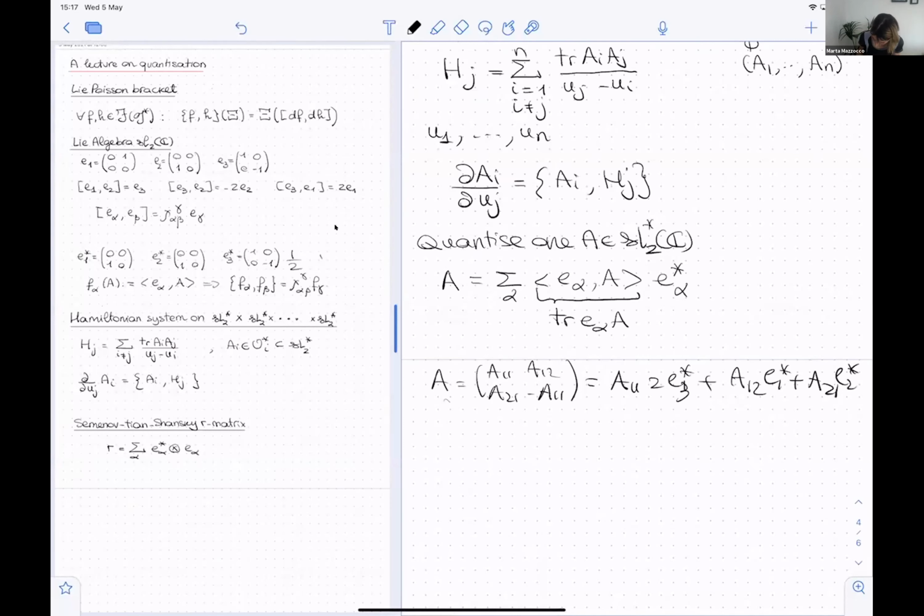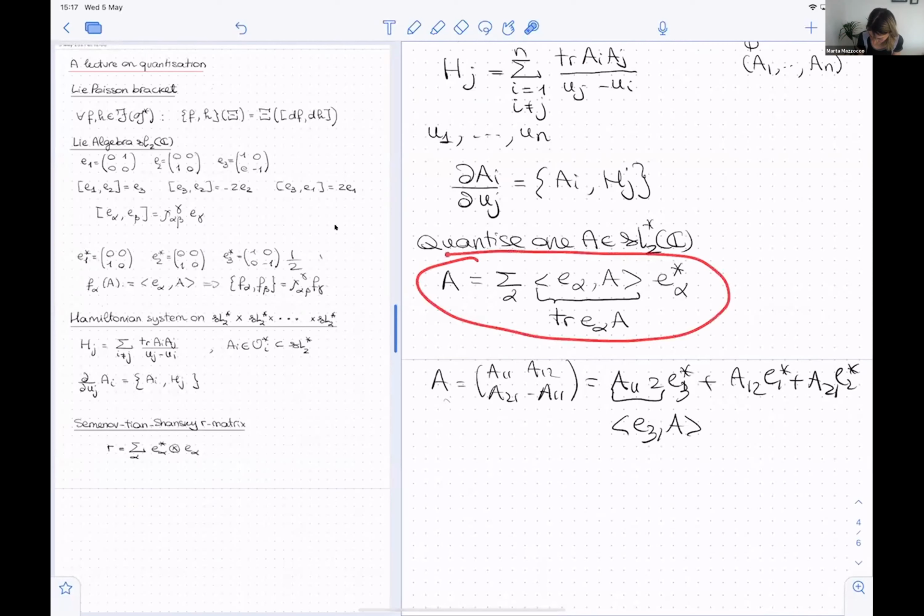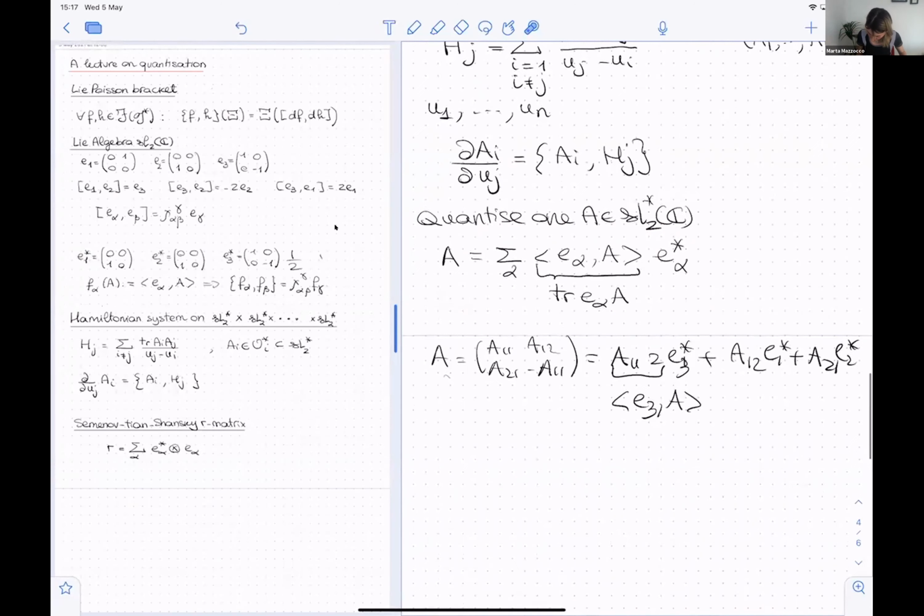And this is just E_3 A. Nothing really complicated. I'm just expressing everything in a form that we can handle. And then I can think about the components.